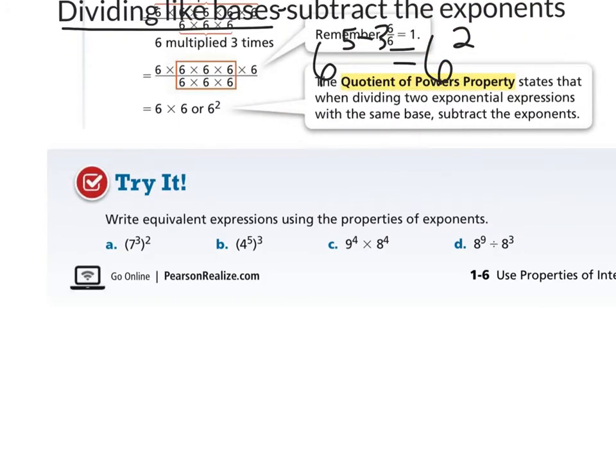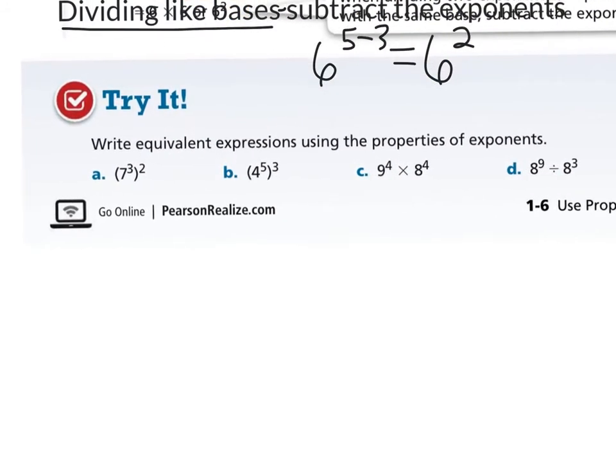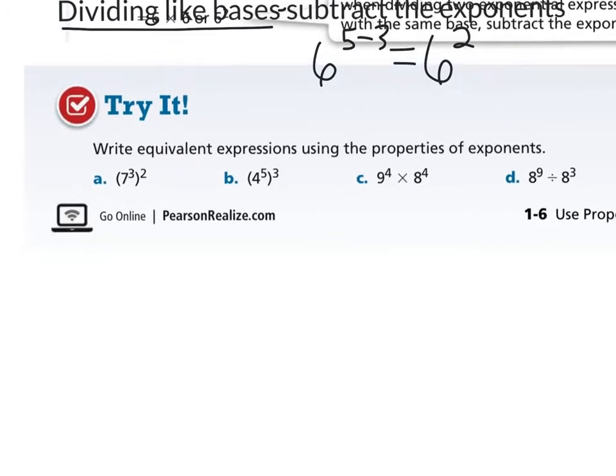So if we look at the try it, they kind of are recapping both different ways that we did. Maybe if we go to the try it D, since that's what we were just looking at with the dividing part. So if you want to first write this as a fraction, you don't have to, but if that helps you to think about what's happening here.